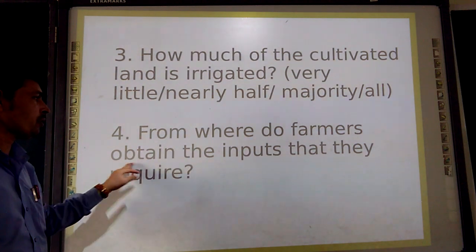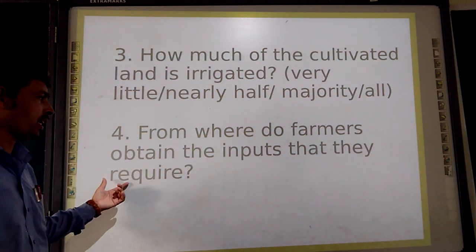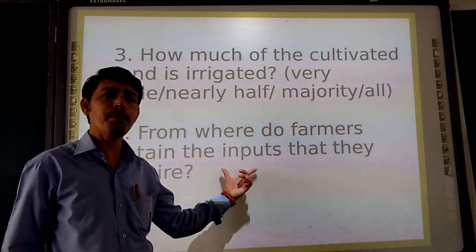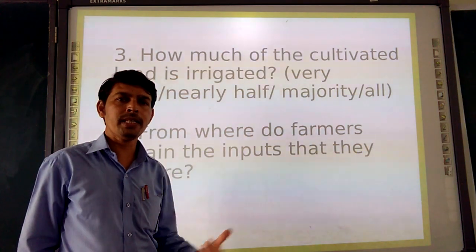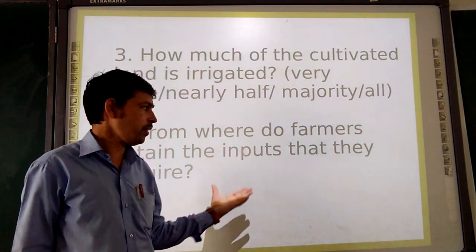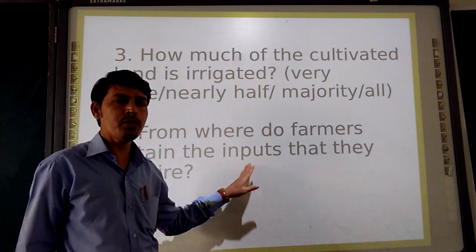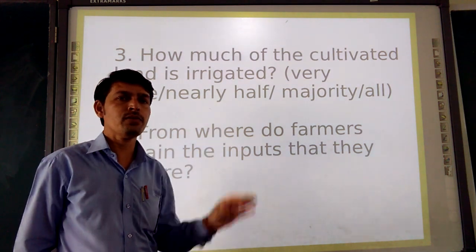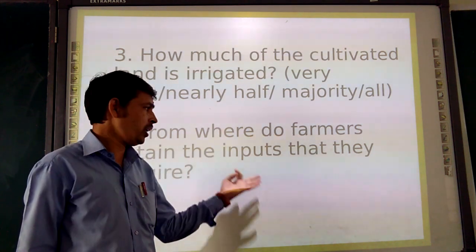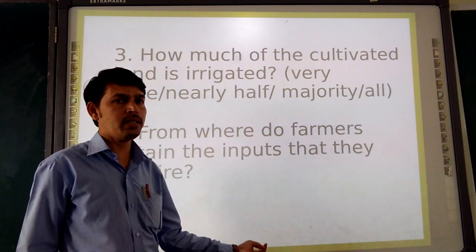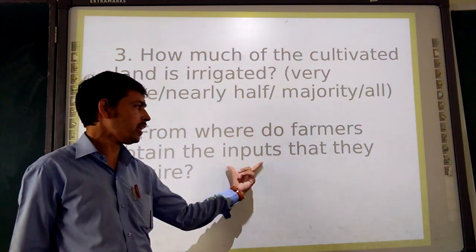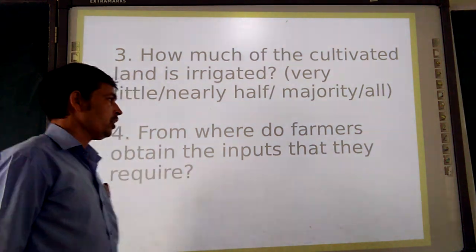From where do the farmers obtain the inputs that they require? Whatever inputs the modern farming method or a traditional method uses, money, or the different implements in modern farming methods, all will come under inputs.